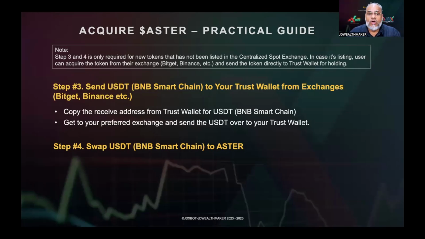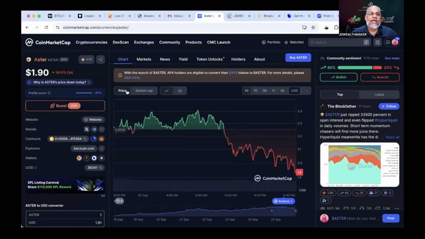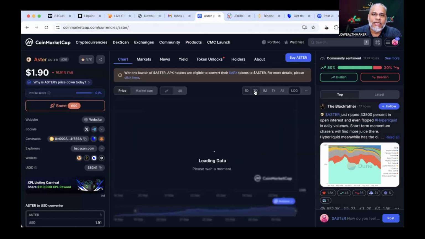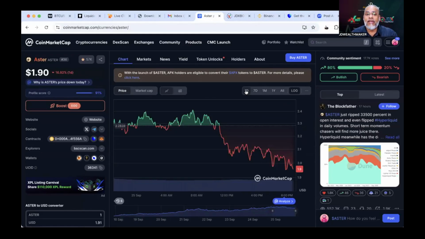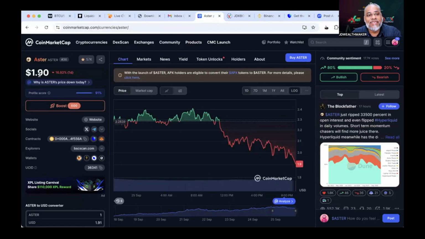At the moment you can see the price has come down. You can go to CoinMarketCap. Let me go to CoinMarketCap and see, right? The price has been coming down; there's some correction taking place. But you are not really concerned about the price. If today you buy at $1.90, tomorrow can be different. It doesn't matter, okay?